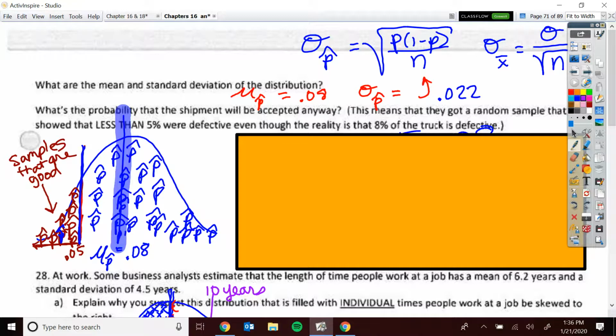Okay, so let's see here. All right, so here's a picture. See this? I drew all of these p hats, and they're centered at 0.08. What does every single one of those p hats represent? Odds tell the evens what every single p hat is. Go.